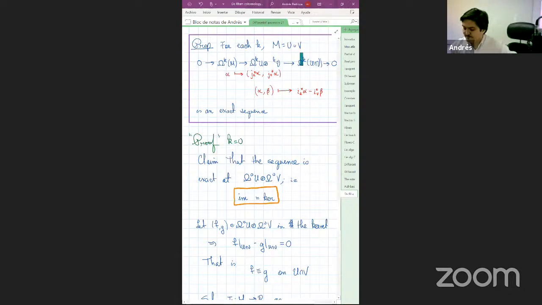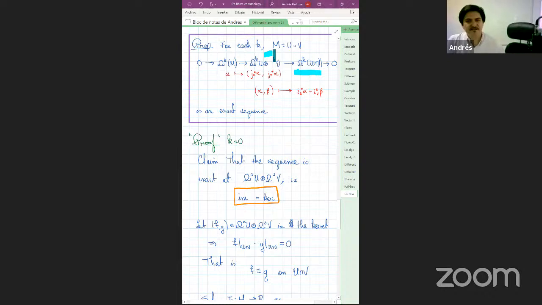So I'm going to take an element that goes to 0, and show that it is in the image, right? And by taking an element that goes to 0, basically what I mean is take any function here, and show that it comes from a function here.